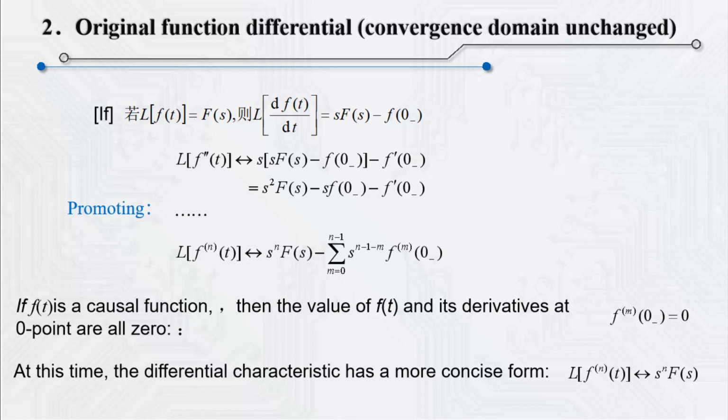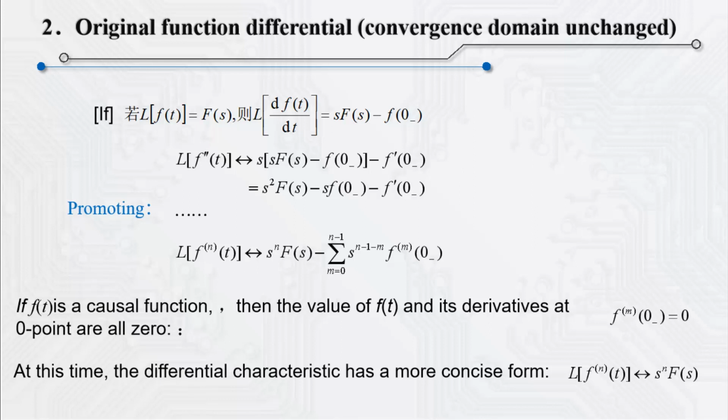The Laplace transformation of the second derivative of f(t) is s squared F(s) minus s times f(0 negative) minus the value of the first derivative of f(t) at t equals 0 negative. The Laplace transformation of the n-th order derivative of f(t) is s to the n times F(s) minus the sum from m equals 0 to n minus 1 of s to the n minus 1 minus m times the m-th derivative of f at 0 negative.